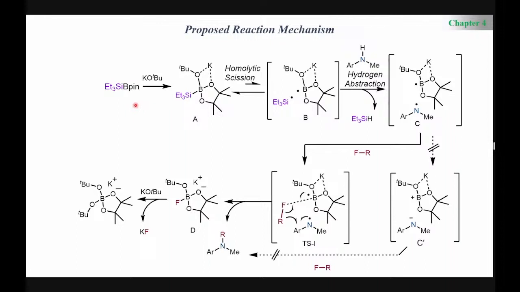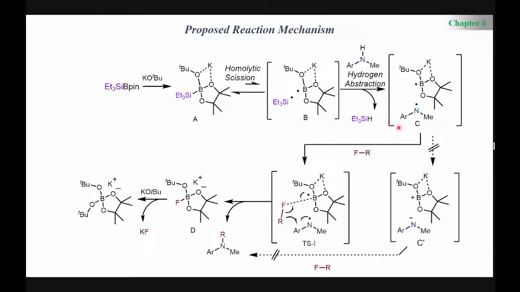And just like I said before, this trithiocytobp reacts with the potassium salt to form this intermediate, which then splits into this frustrated radical pair via homolytic cleavage of the bond. Then hydrogen abstraction from this methylaniline by triethylsilyl radical gives this frustrated radical pair consisting of a methylaniline radical and boron radical, accompanied by the formation of this triethylsilane.